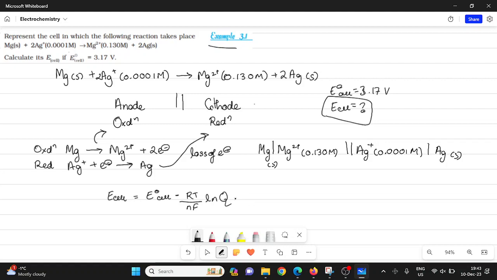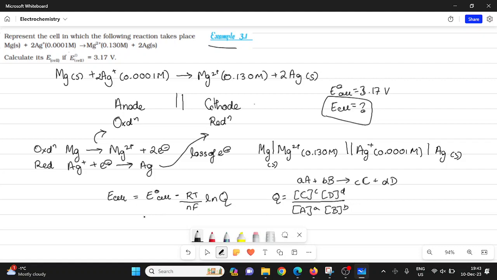For a chemical reaction aA plus bB gives rise to cC plus dD, the value for Q, which I'm sure you learned in the chapter on equilibrium, can be written as the concentration of C to the power c, times the concentration of D to the power d, divided by the concentration of A to the power a, times B to the power b.